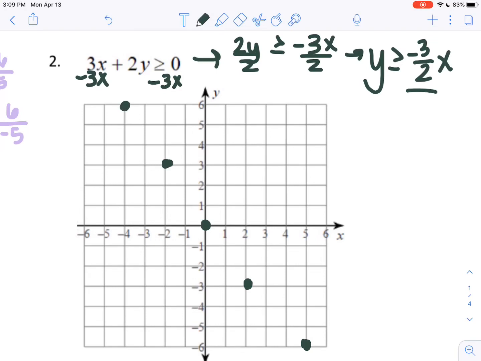Now, before I draw my line and I connect my points, I got to see what type of line I'm drawing. Well, there's a line underneath my inequality, which means it is a solid line all the way through. Did I count this wrong? 1, 2, 3, 1, 2. Yes, I did. Hold on. There we go.